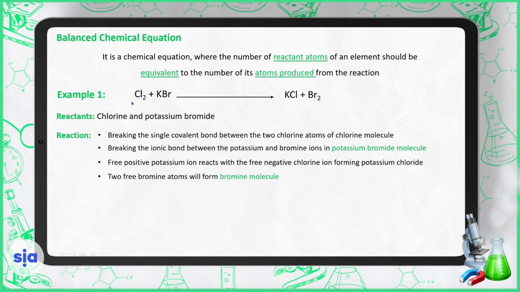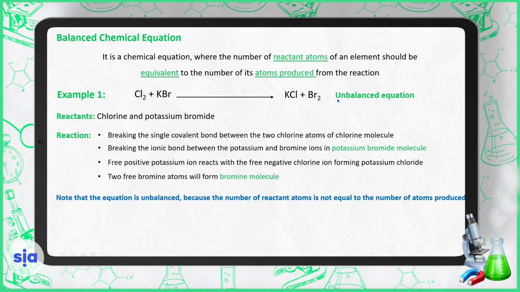As if the chlorine will take the place of the bromine in this compound. So instead of potassium bromide, it will be potassium chloride. And instead of two chlorine atoms forming a chlorine molecule, there will be two bromine atoms forming a bromine molecule.